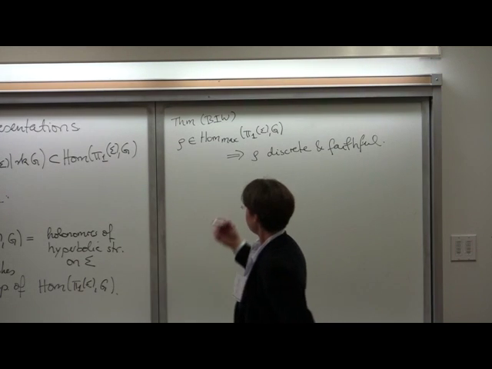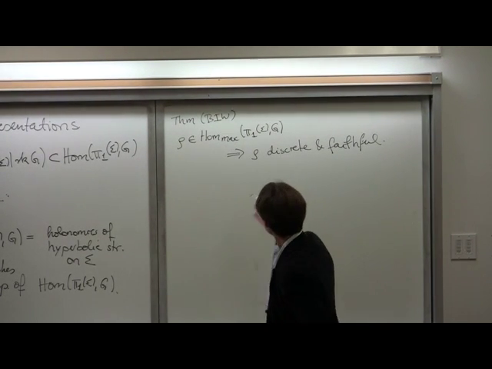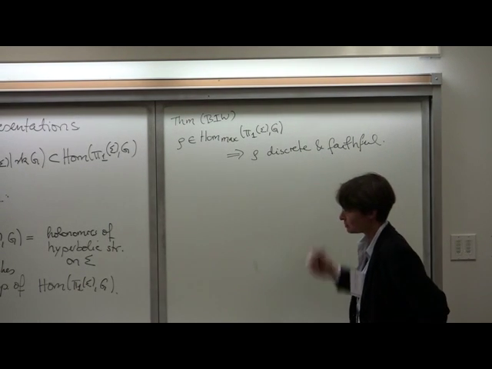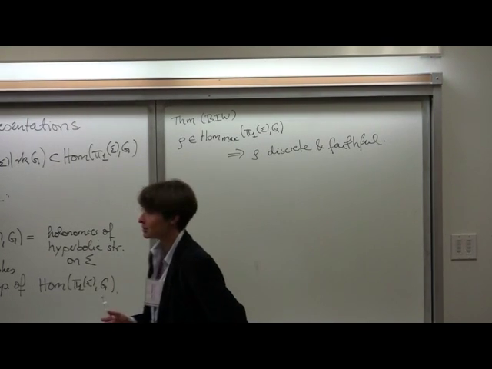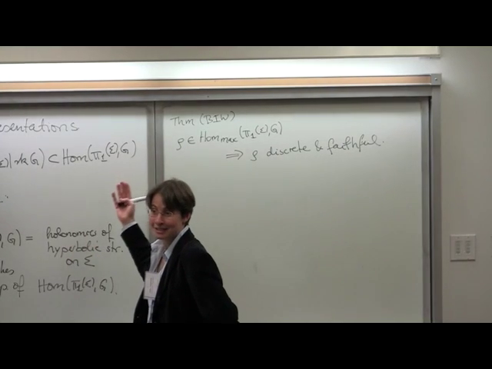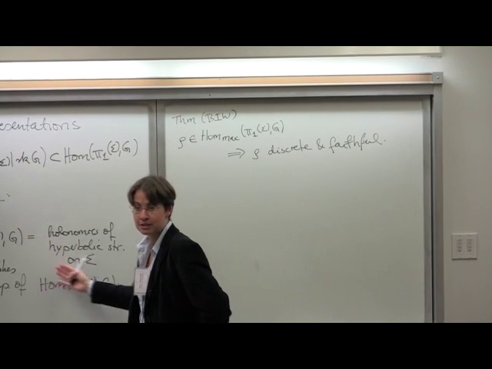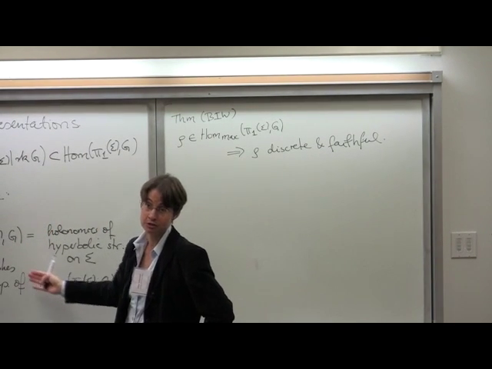Now what I want to address, and this was a question which really bothered me for many years, is to try to get not just that it's discrete and faithful, but to interpret these maximal representations in some way as holonomies of some geometric structures.